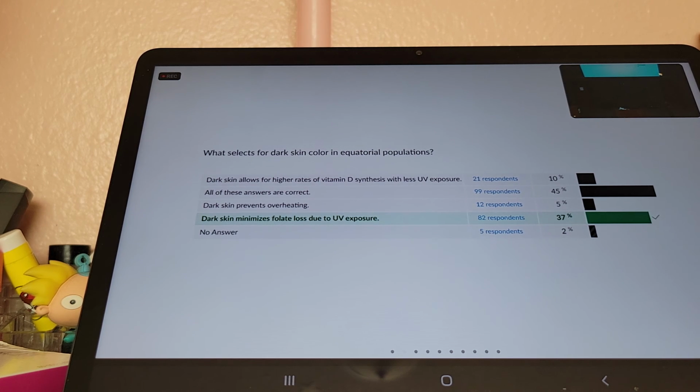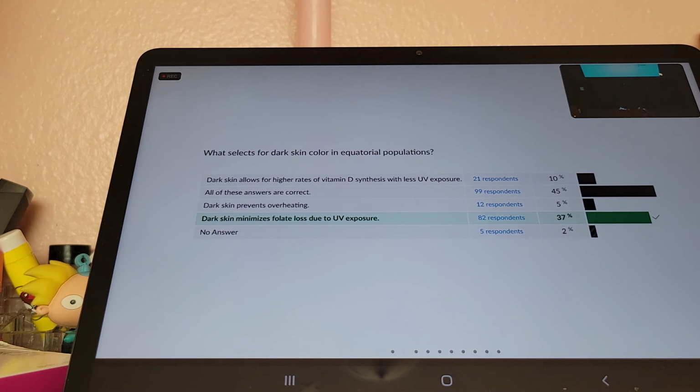But slightly more people picked "all of the answers are correct." My interpretation is people read the answers and went, oh, there are all of these, and just chose it.